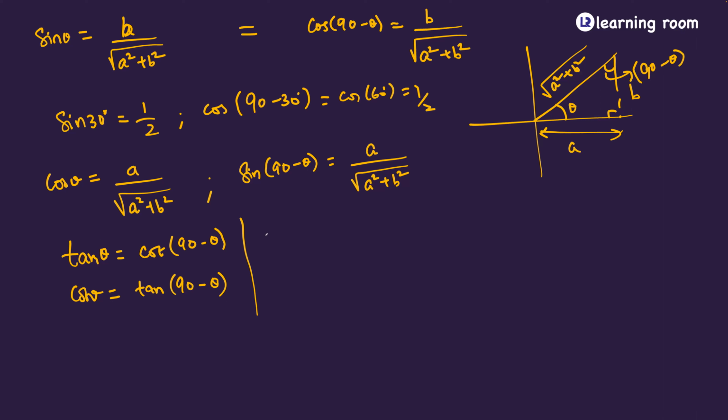Similarly, secant theta will be equal to cosecant of 90 minus theta, whereas cosecant theta will be equal to secant of 90 minus theta. So they are complementary of each other. Sine and cosine are complementary, secant and cosecant, tan and cotan are complementary of each other. Correct? It goes like that. Make a note of this.